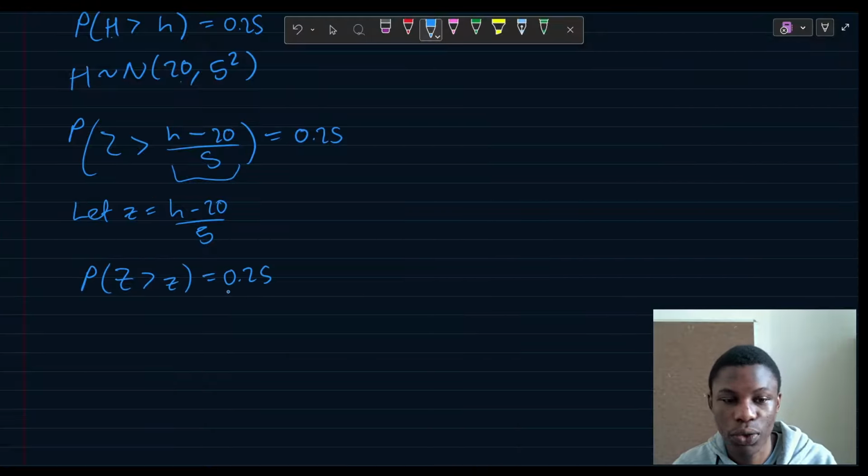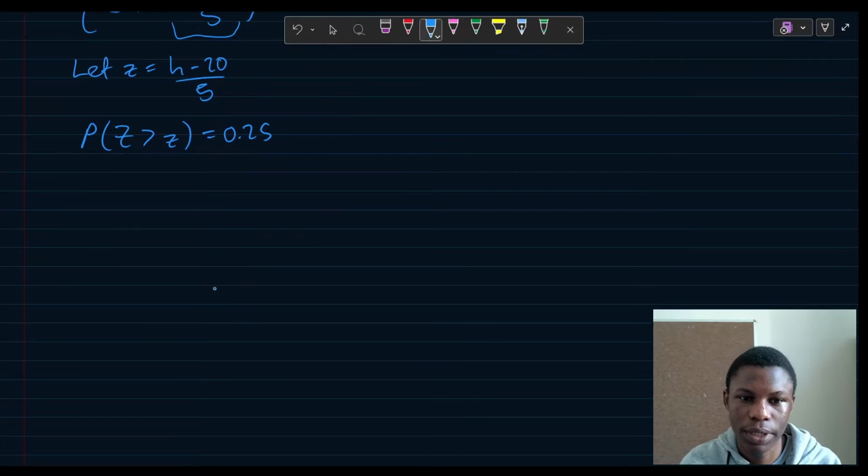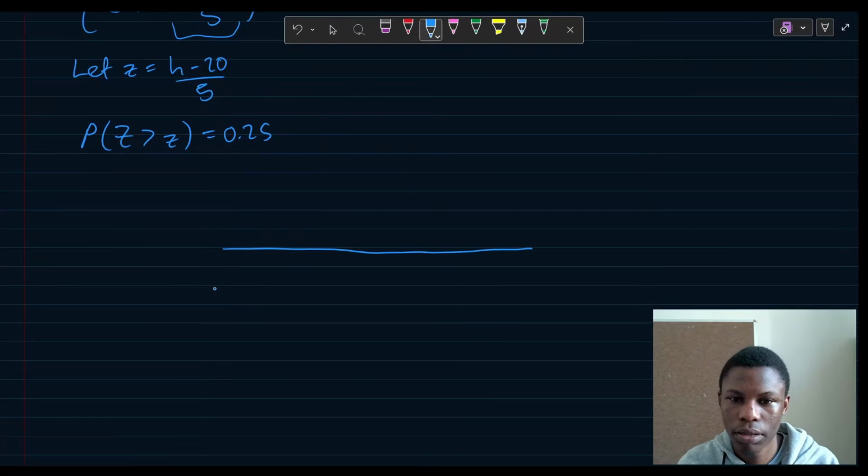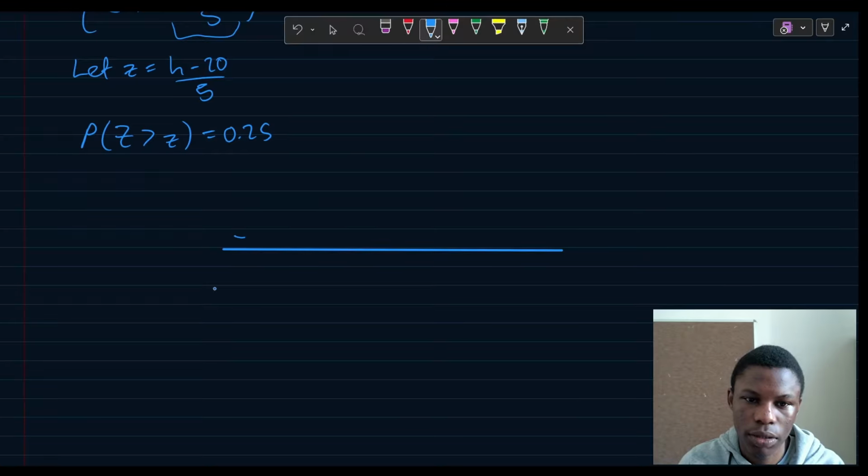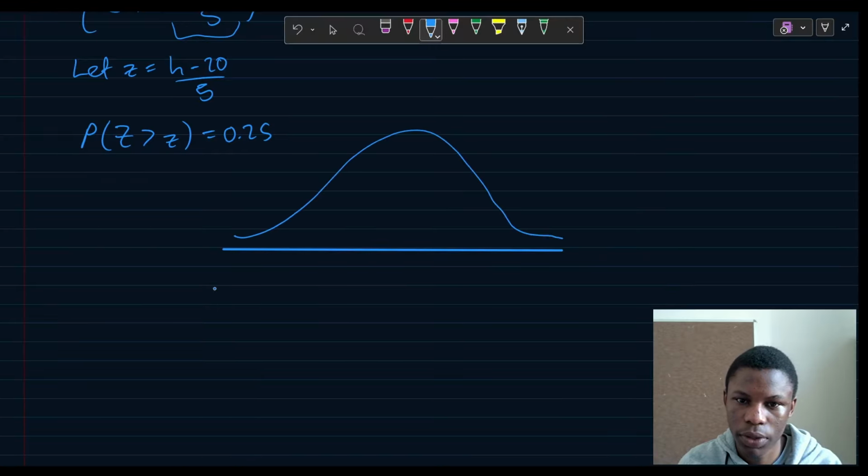Now I want to draw a bell curve to interpret this. So I've got our nice bell curve. We know that this is centered at 0 since this is the standard normal. And we are saying that the area to the right of small z is 0.25.